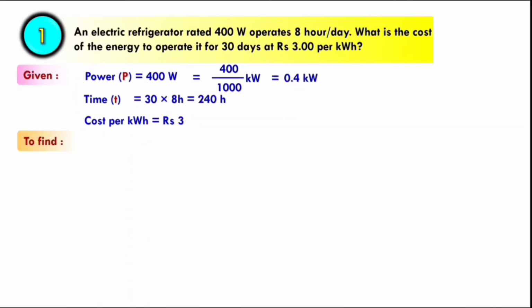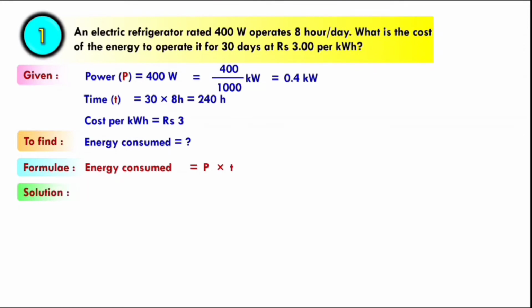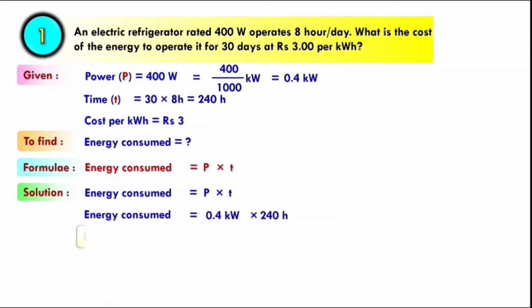What do we have to find out? We have to find out the energy consumed. The formula we will use: energy consumed equals power into time. So it will be 0.4 kilowatt into 240 hours.